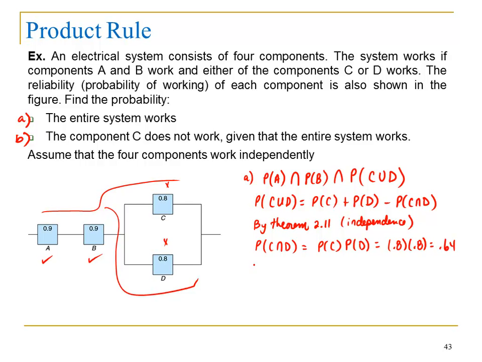So the probability of C union D equals 0.8 plus 0.8 minus 0.64, and that equals 0.96.